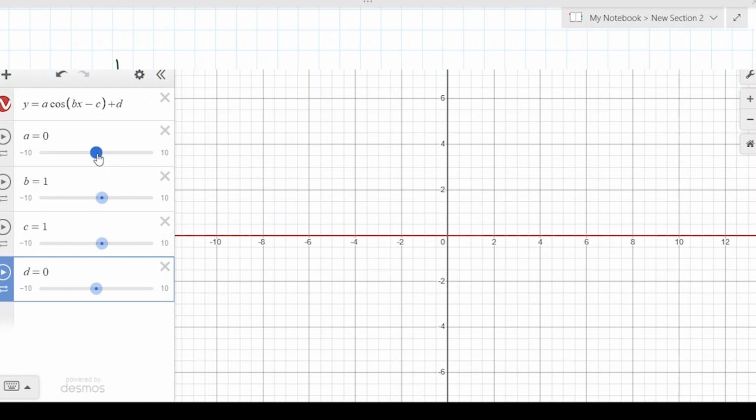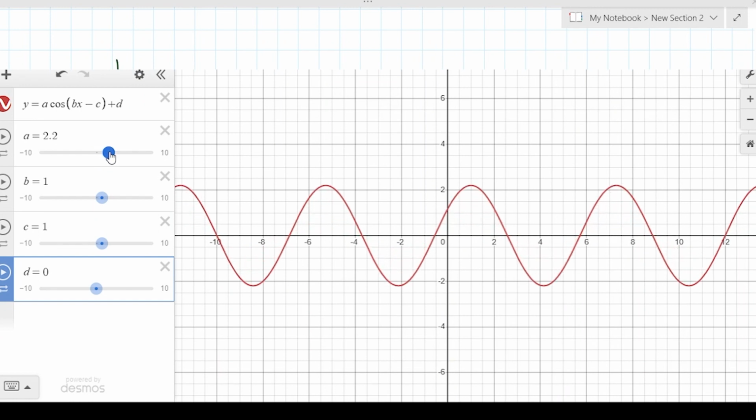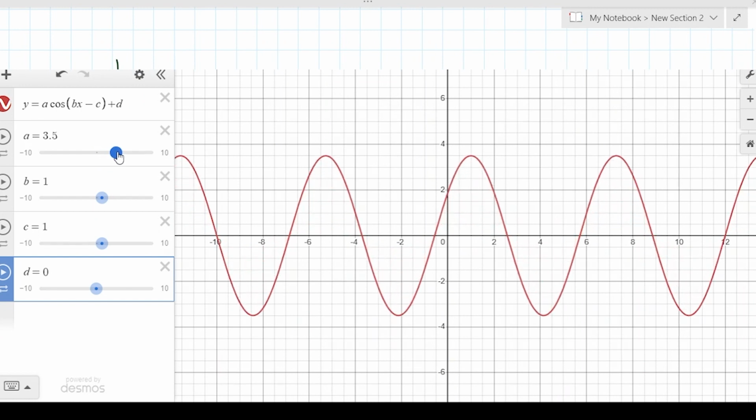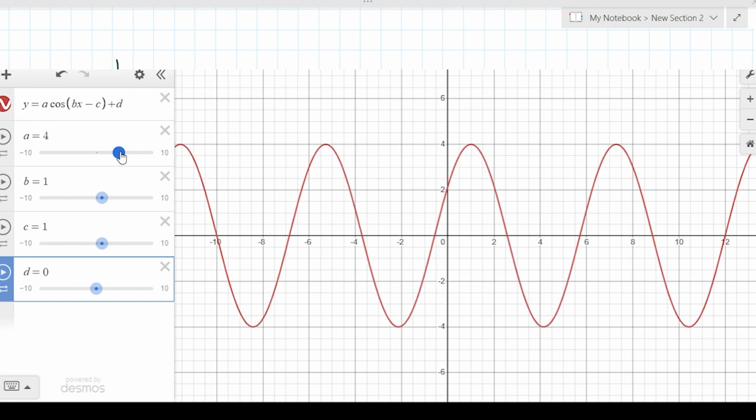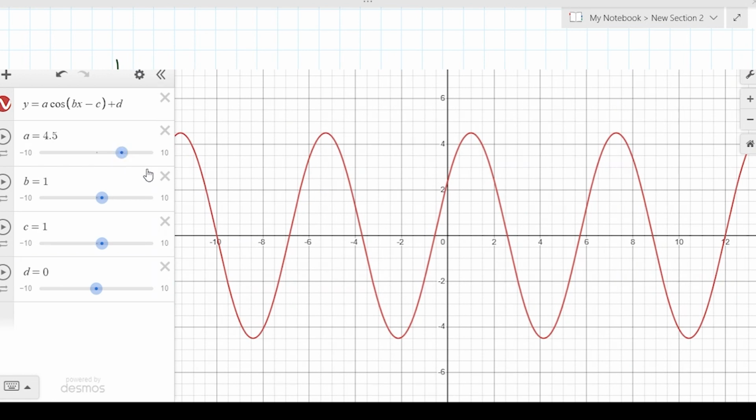Look, as I increase the value of A, it is changing. For what reason does it change? Because the value of A is 4.5, so its amplitude is 4.5 now. You can see here the amplitude is 4.5.